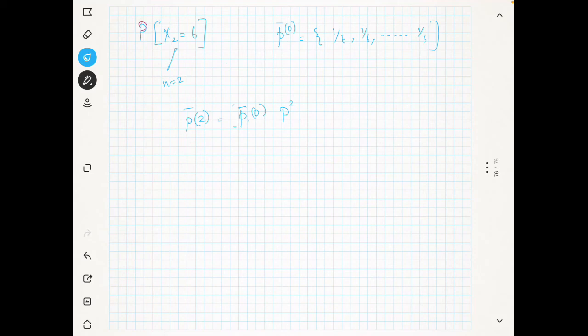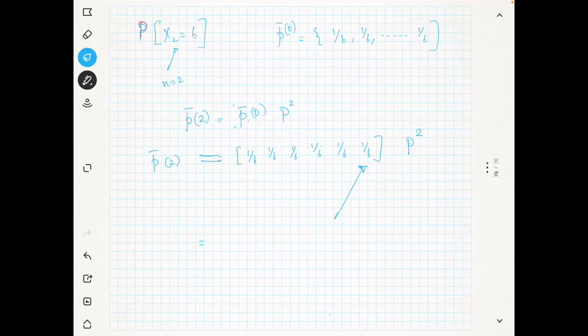After that, you will be getting 1 by 6, 1 by 6, 1 by 6, 1 by 6, 1 by 6 and 1 by 6, 6 values multiplied with the P squared. So you will be getting p2. Now you will be considering only the last value.